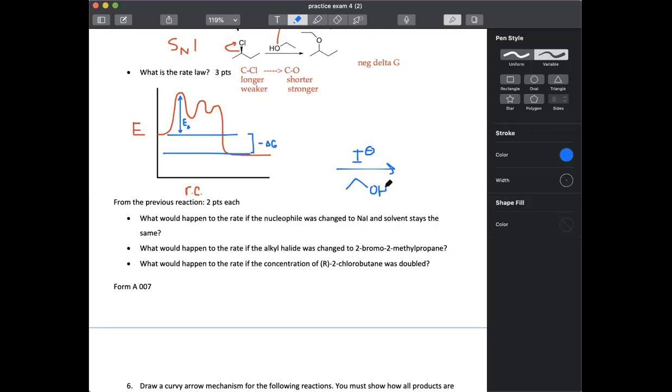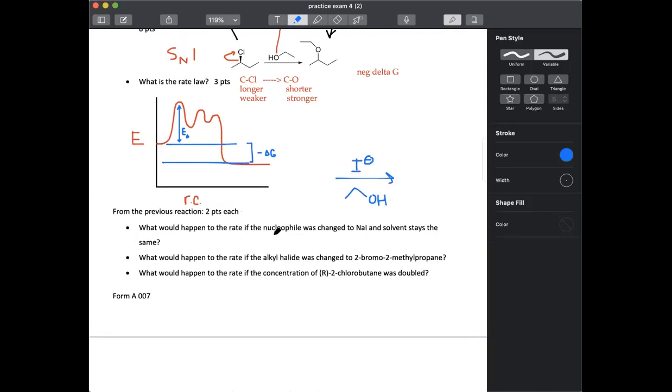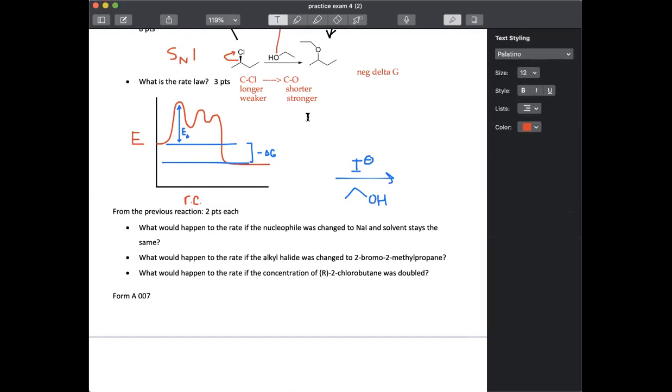So in this case, we're going to assume that it still proceeds via SN1. Since this is charged, it's going to get caged by this, right? And so even though it is technically a better nucleophile, you have to remember the context. We're in a polar protic solvent. So since this is charged, it's going to get caged, right? So the rate decreases.